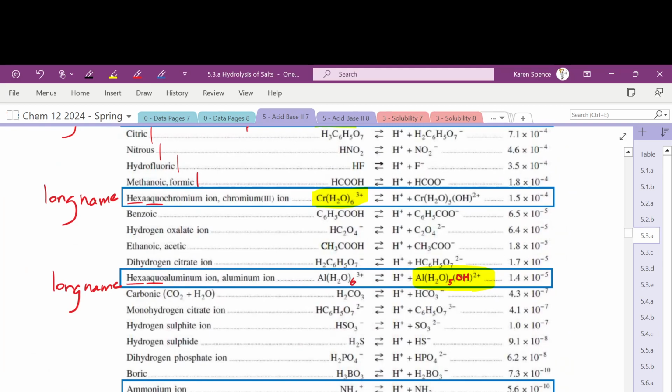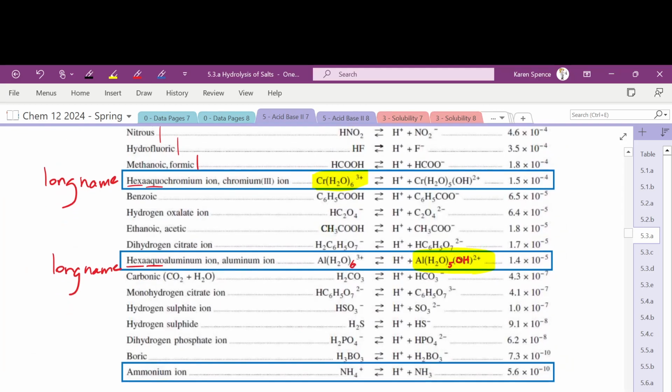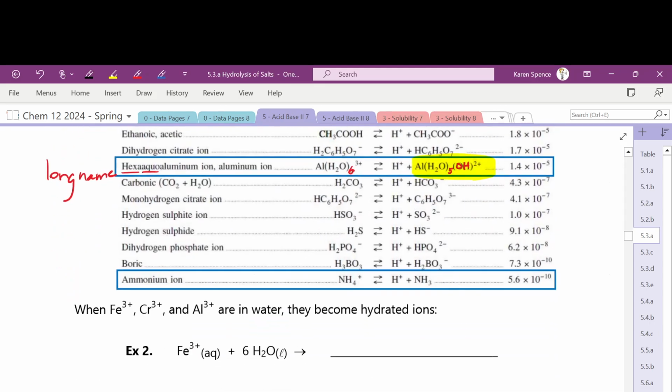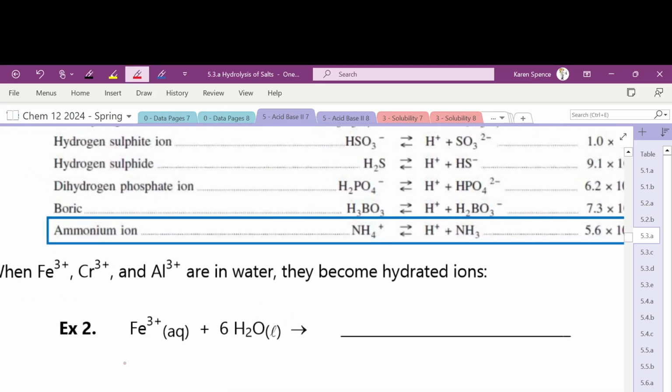Now let's look at this in a little bit more detail. When we have iron, for example, and it goes into water, it starts out without any waters attached. And then 6 waters attach.